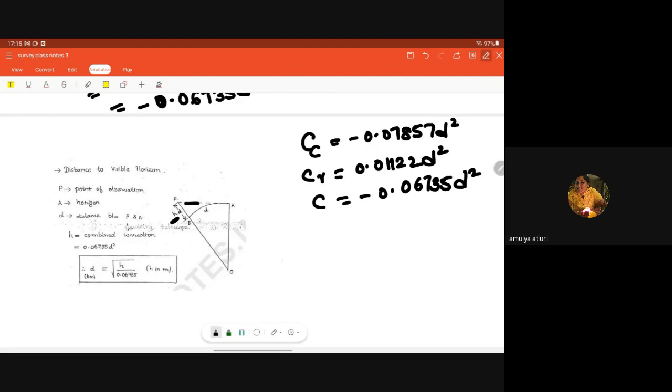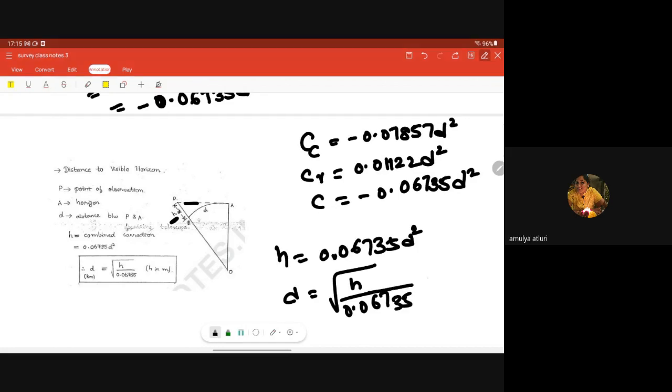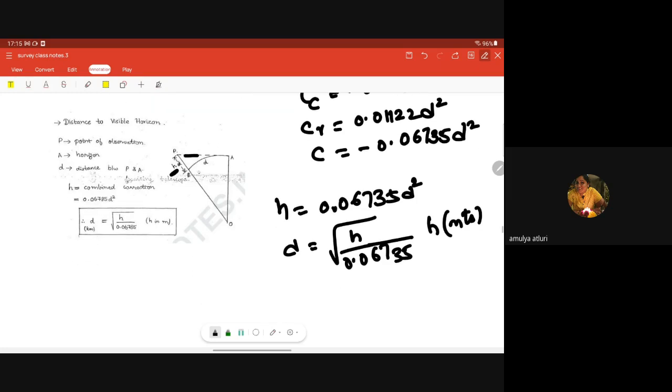This vertical height h is equal to the combined correction 0.06735 d square, and d is equal to root of h by 0.06735, right? h is in meters. So this is the correction for visible origin, distance of visible origin.